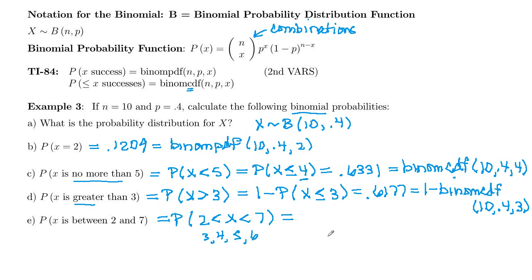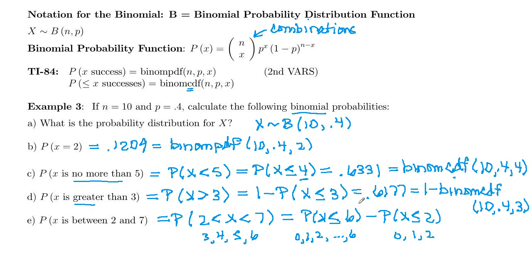So we could do the probability that x is less than or equal to 6, which is 0, 1, 2, up to 6. Then we want to take away our 0, 1, 2, and that'll leave 3, 4, 5, 6. So minus the probability x is less than or equal to 2.